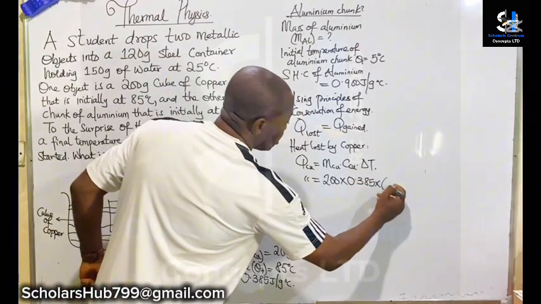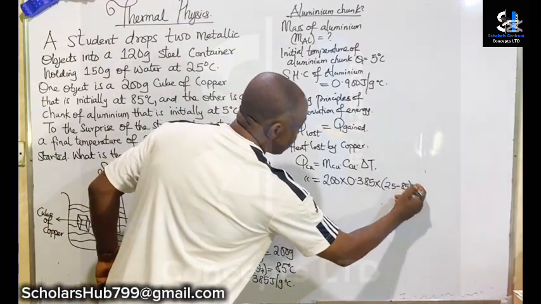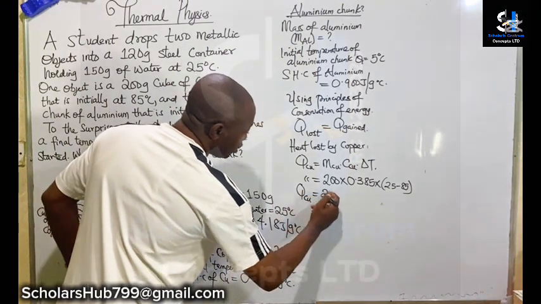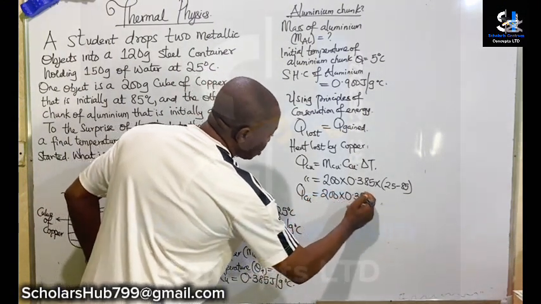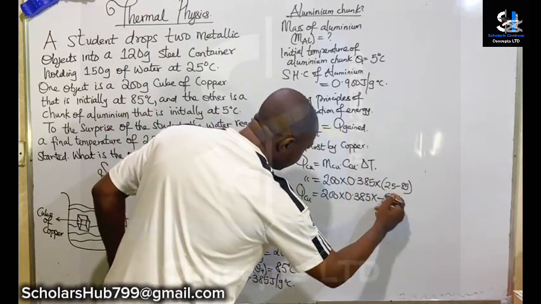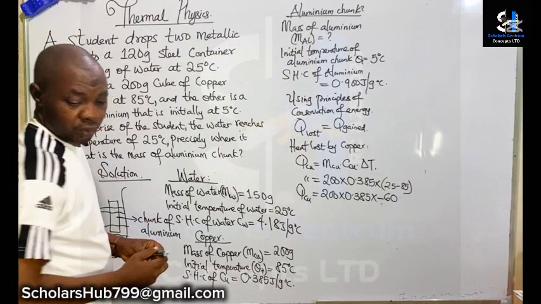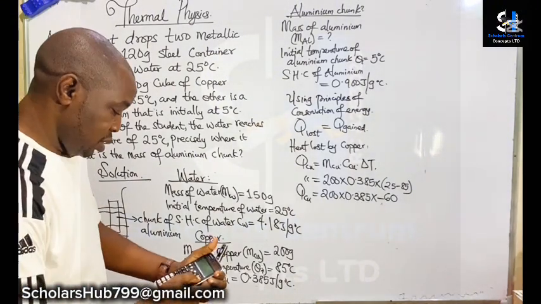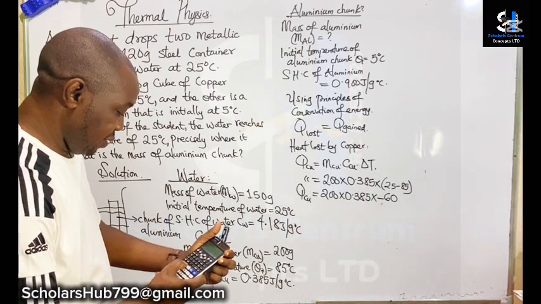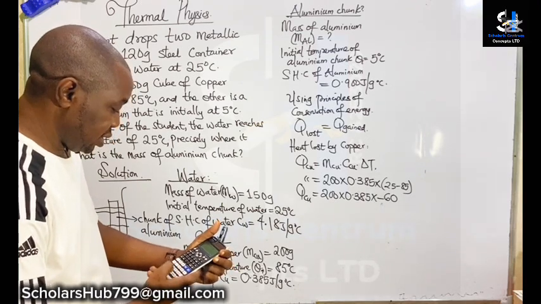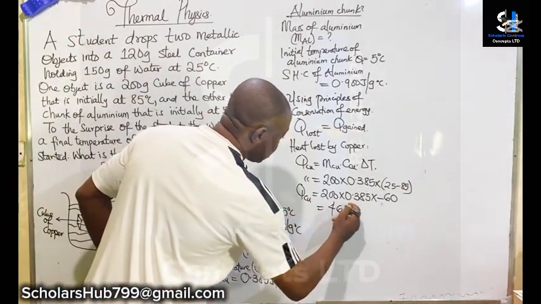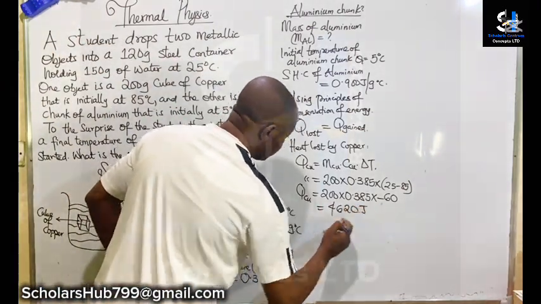So we have 25 minus 85, which is negative 60. Heat lost by copper is 200 multiplied by 0.385 multiplied by 60, and that will be 4620 joules.